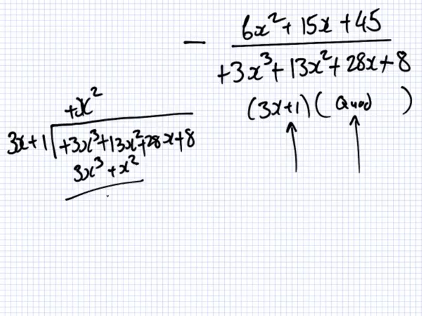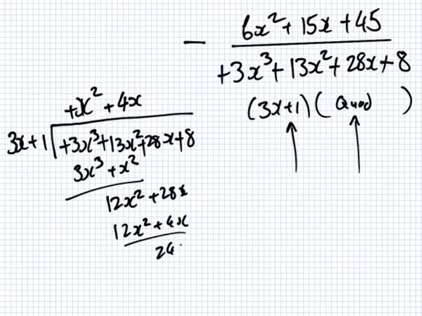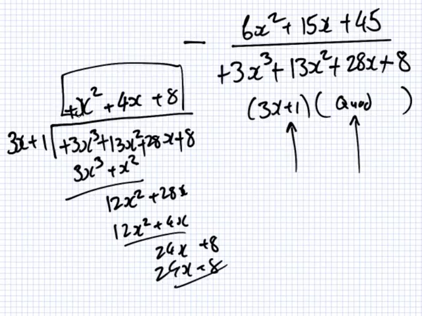I subtract and I get 12x squared plus 28x plus 4x, isn't it? 12x squared plus 4x, 24x plus 8. So it has to finish with 8. So that's the missing quadratic, x squared plus 4x plus 8.